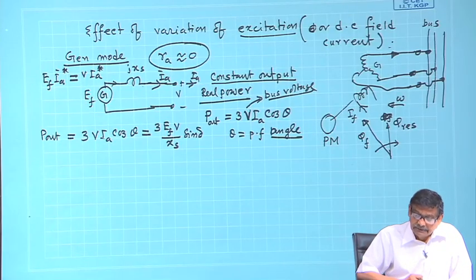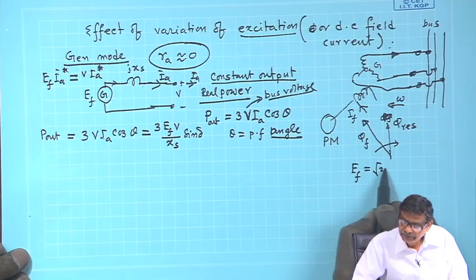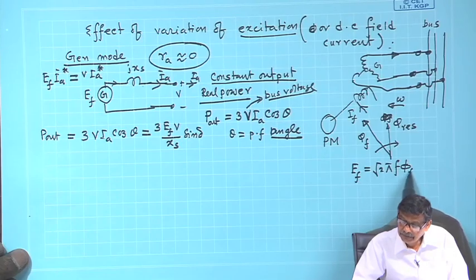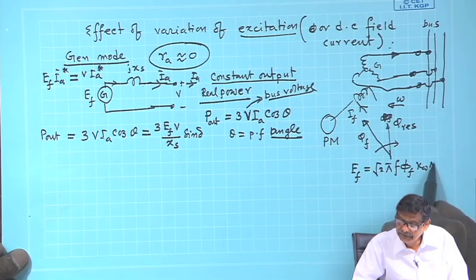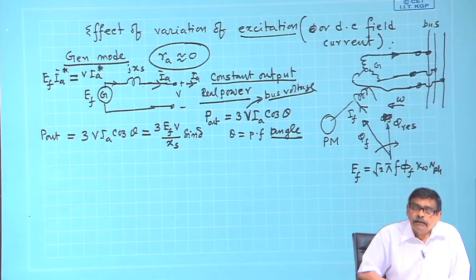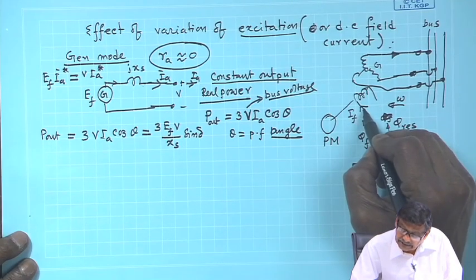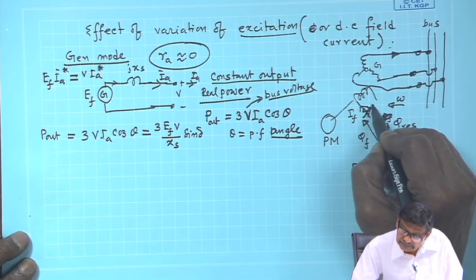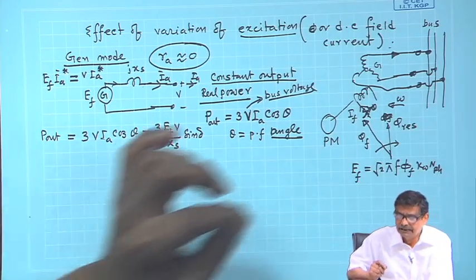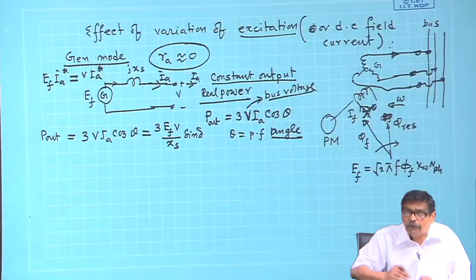Now, you recall this E f is equal to root 2 pi f flux per pole k_w into N phase of the stator phase. Now, what I am telling is that I will vary this field current I f by connecting a rheostat here. I will simply play with this without changing the prime mover input or output power.